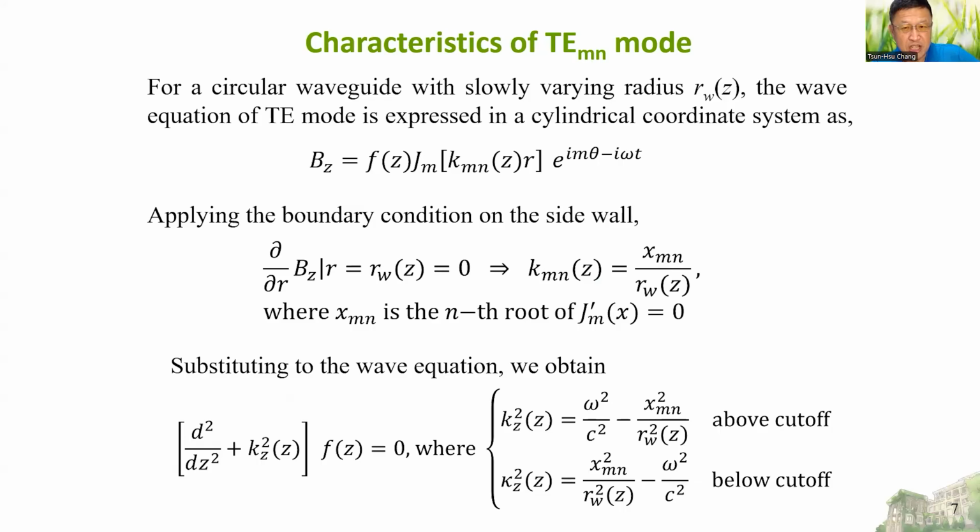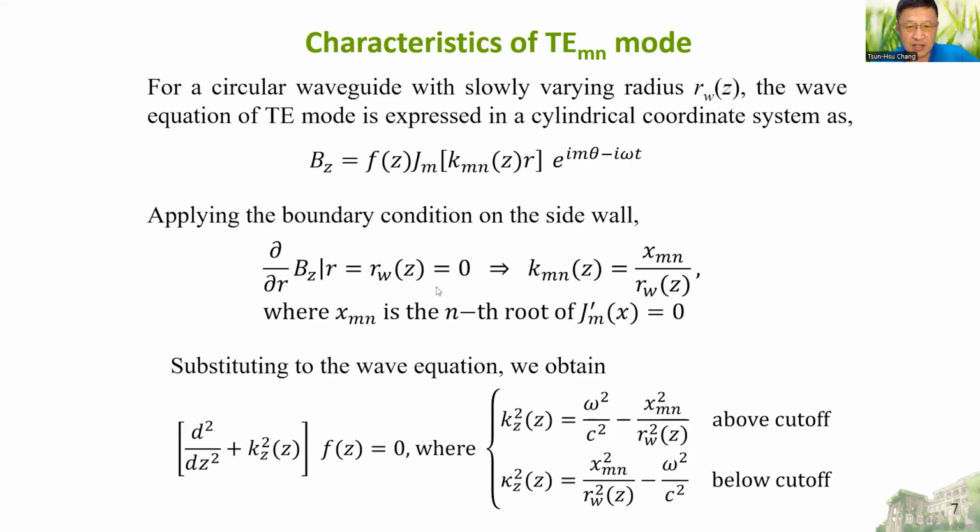Or the tangential component of the electric field, that will be E_z, will be 0. On the side wall, you can use either one. Either one is okay with us. So with this, we get a boundary condition on the side wall.